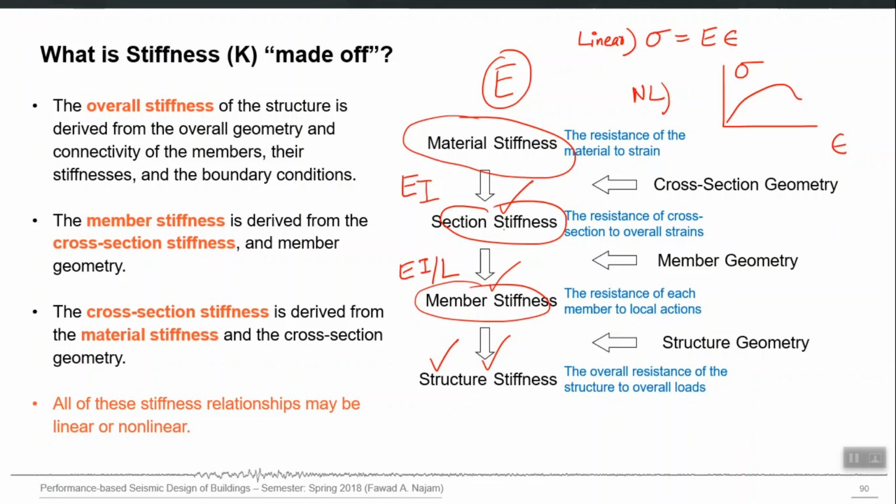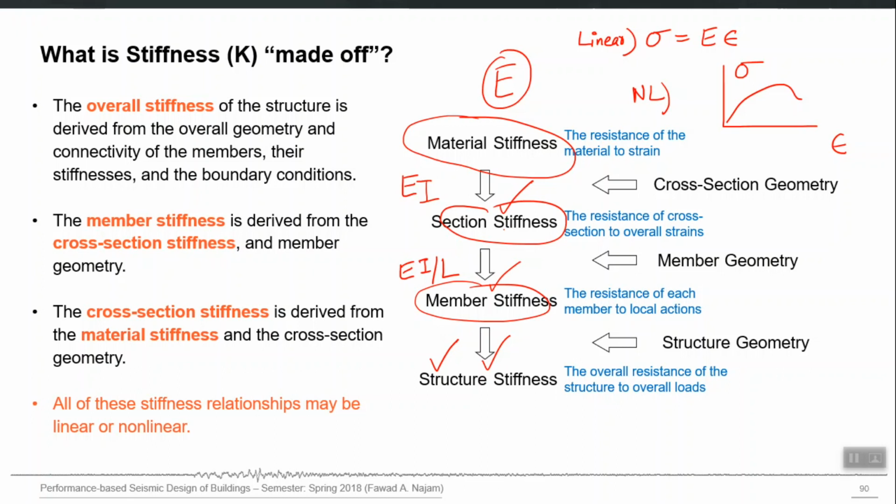If we directly define the material as nonlinear, no need to define cross section and member as nonlinear, because whatever is the net effect of inelastic action, it will manifest at higher levels. Material is the most fundamental level. So if a nonlinear stress strain curve is given to your material, then no need to do anything, it will manifest the nonlinear action at higher levels.